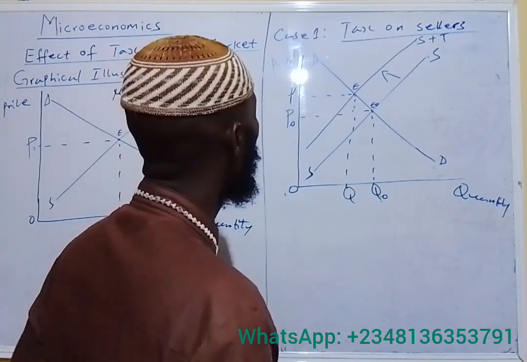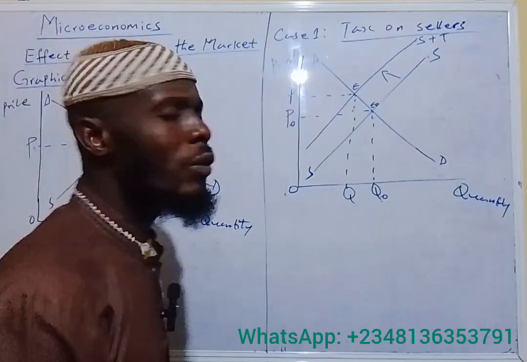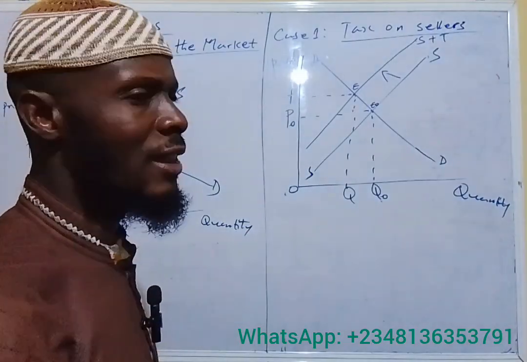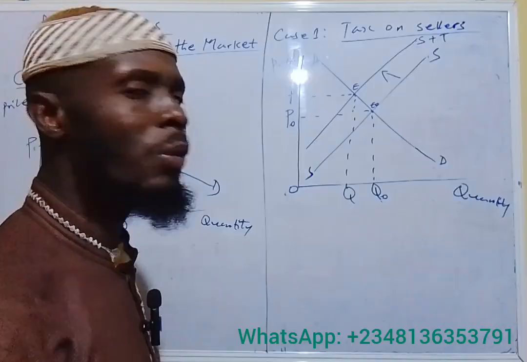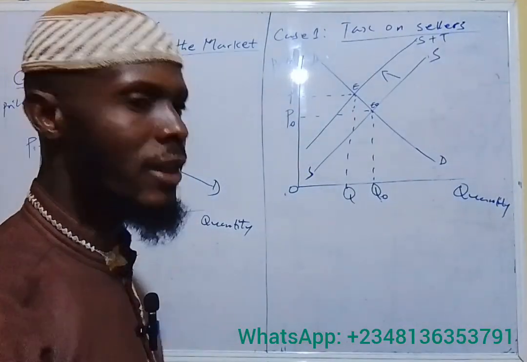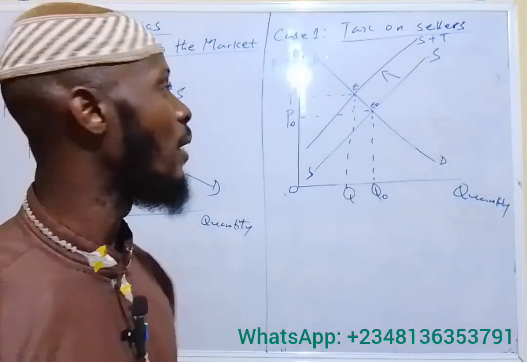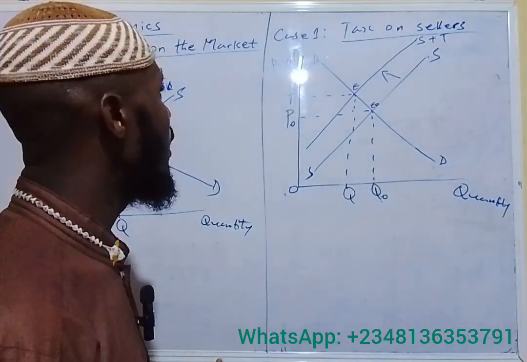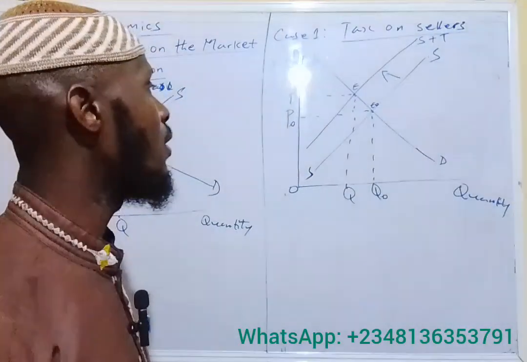Because of the imposition of this tax, the price that the buyer, the consumer, will pay in the market will be different from the price the seller will receive in the market. Depending on the level of demand, the buyers and sellers may need to share the burden of the tax.